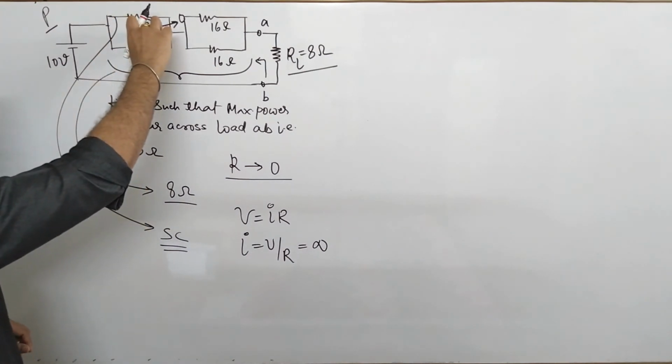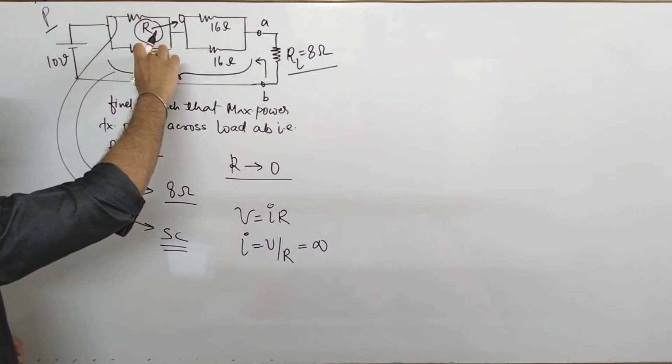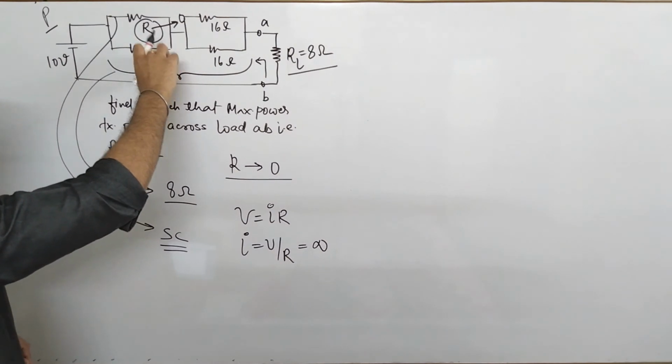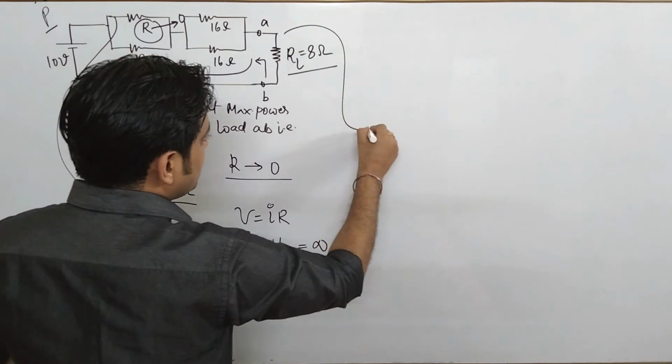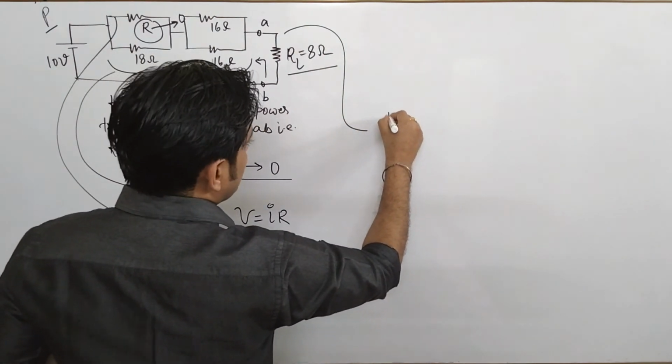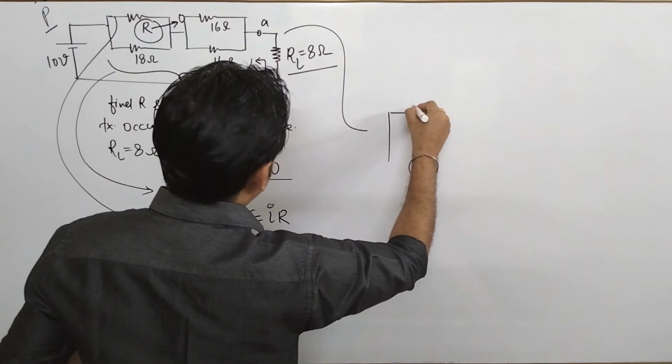Once this branch is short circuited, the resistance in parallel with the short circuit branch will also become short circuited. So your new network will become something like this in the case when you are finding RTH.